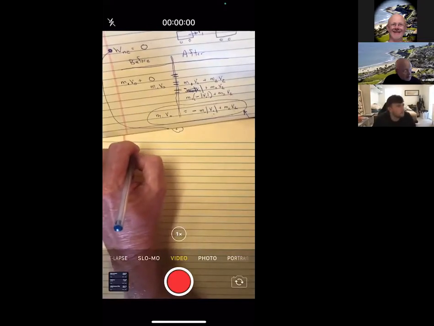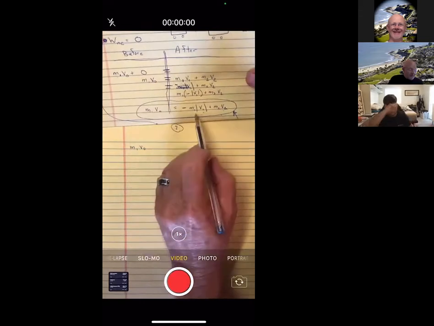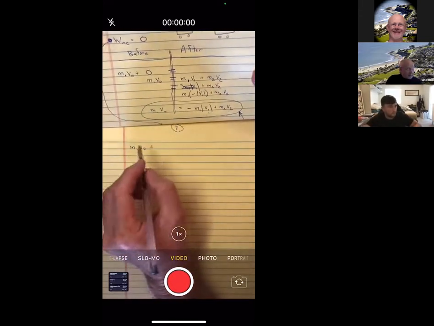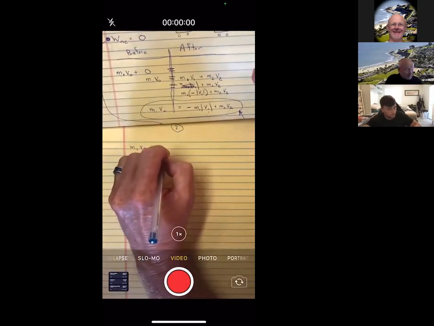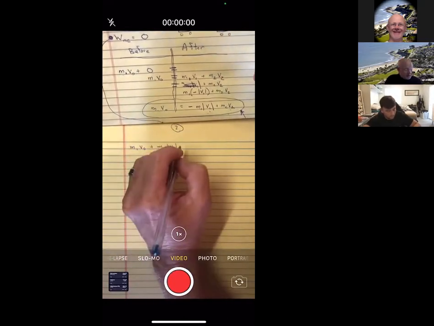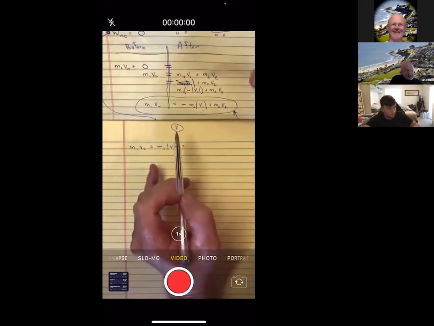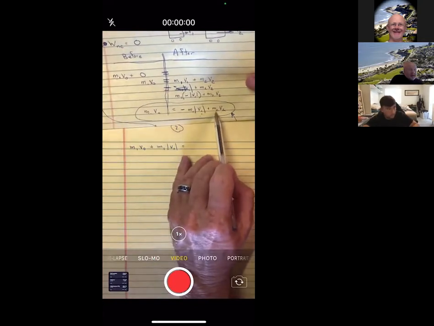Yeah, so I've got M1 V naught from here. When I move this to the other side, this becomes plus M1 times the magnitude of V1 equals, and as long as I'm here, maybe I should put in what they told me earlier, M2.